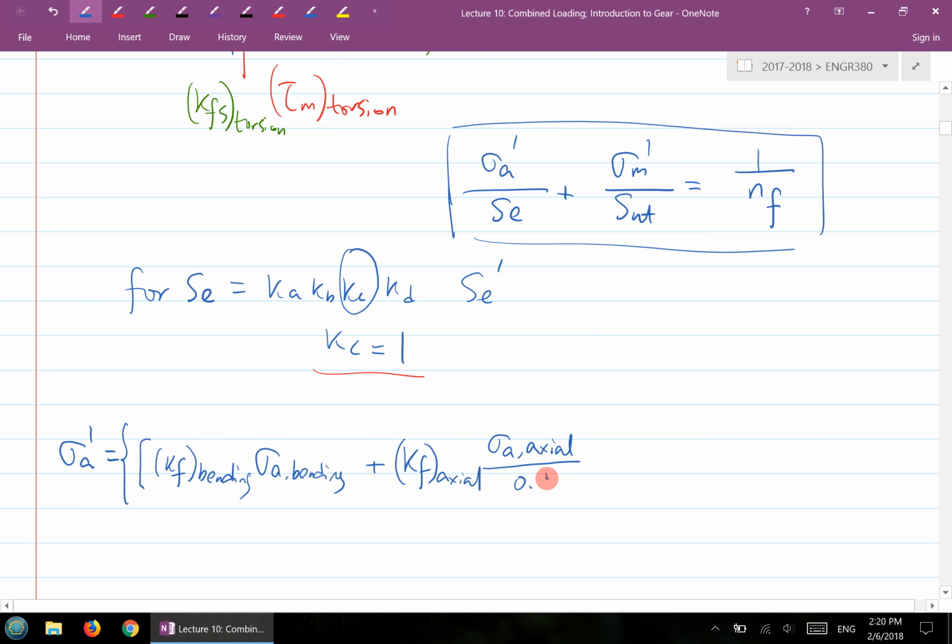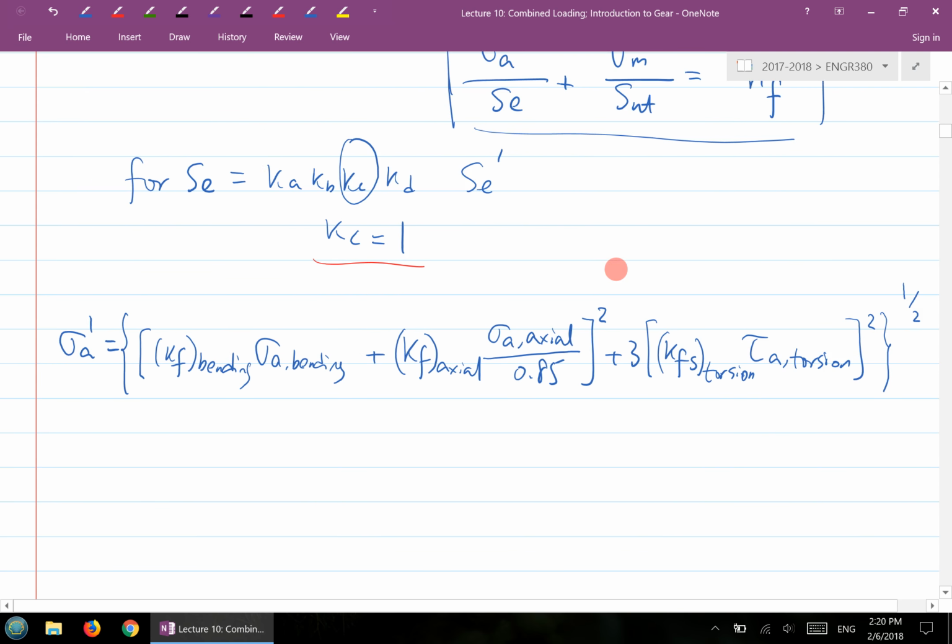Then we divide by 0.5, which I'll explain, and square, plus 3 times KFS for the torsion times tau A for the torsion, squared. And then the whole thing under a square root. This is the formula for sigma A prime.